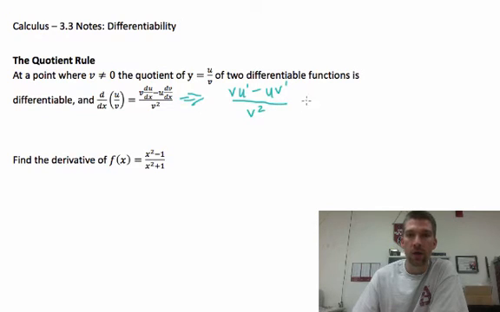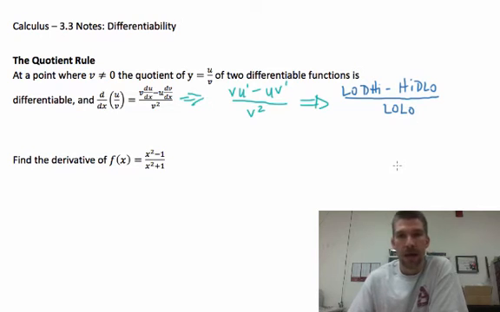This is one way we could look at it. Or we could look at it this way, and it's the same thing, but a little bit different. It would be something that we would call low d high minus high d low, all over low squared.